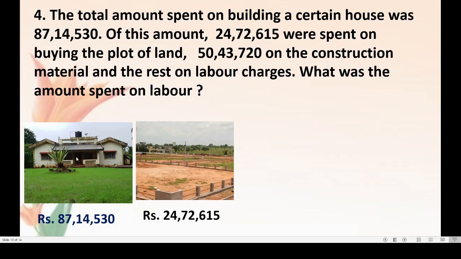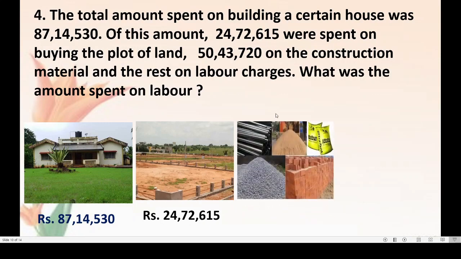Before building this house, he purchased this plot for this amount. Then afterwards, he purchased so many different materials. See, bars, jelly, bricks, cement, sand. How much he spent on this? 50,43,720.